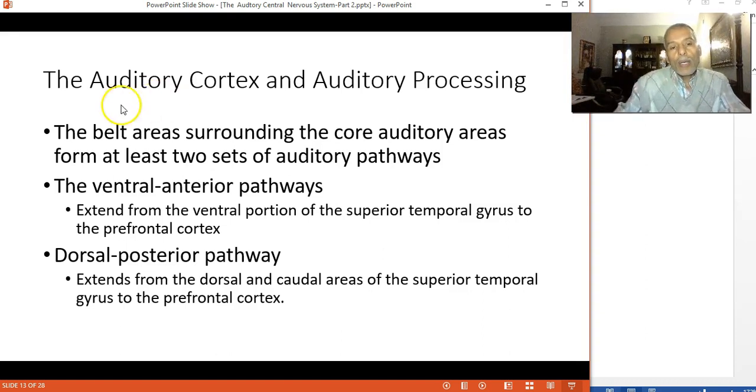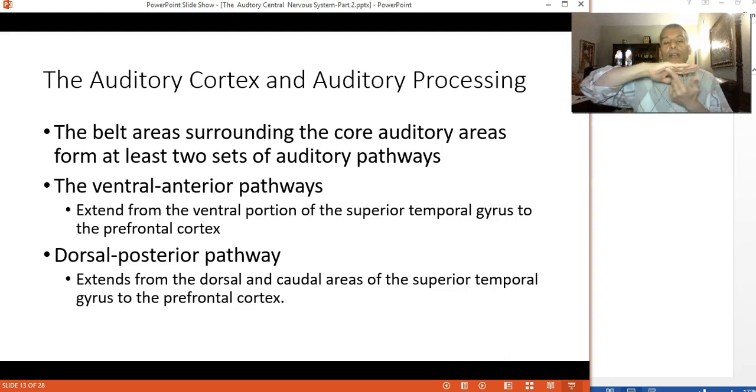So one pathway, basically ventral anterior pathway. So imagine this is the superior temporal cortex. The top of it here is called the dorsal area. The bottom of it is called the ventral area, like the belly of it. And so there's a ventral anterior pathway.